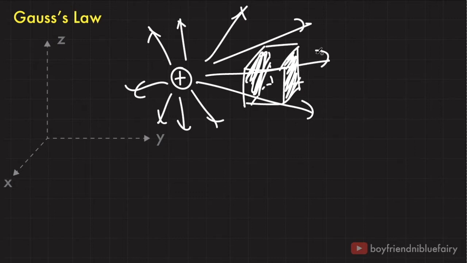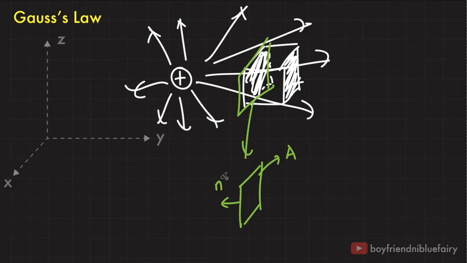So in other words, when there's no electric charge inside a closed surface, so for example, let's focus on this side. If this side of the cube has an area of A, and since we defined that its direction must be radially outward, then its area vector direction points this way, n hat.